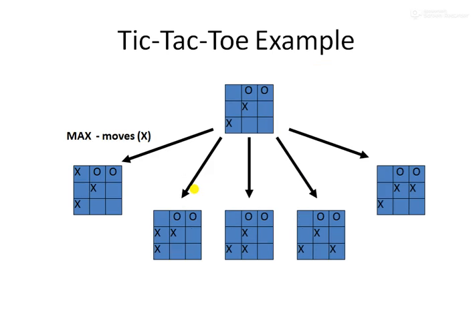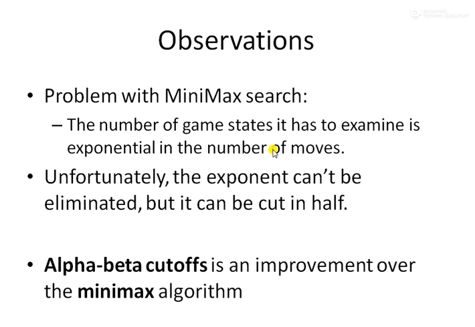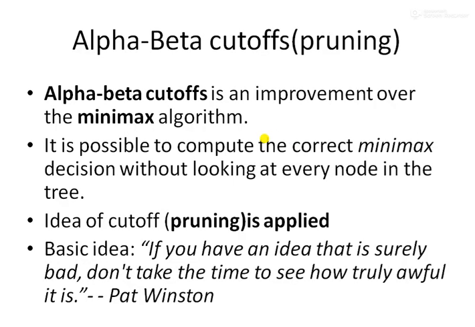Then we have seen the example of tic-tac-toe with a particular box position. After that we have seen some observations related to MiniMax. It has some disadvantages, so to overcome this we can have the concept of alpha-beta pruning.